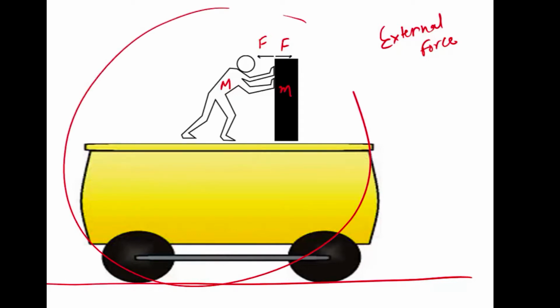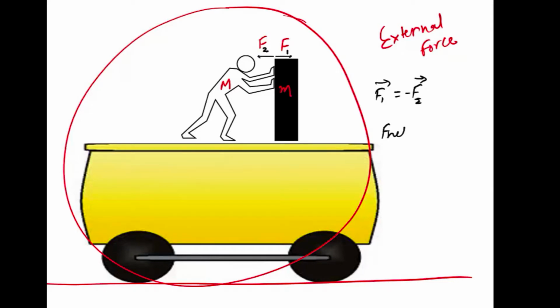So when your system is this, then if this is F1 and this is F2, then you say F1 is equal to minus F2. But as the box is also a part of the system, this F1 is a force on the system. And as the man is also a part of the system, this F2 is also on the system.